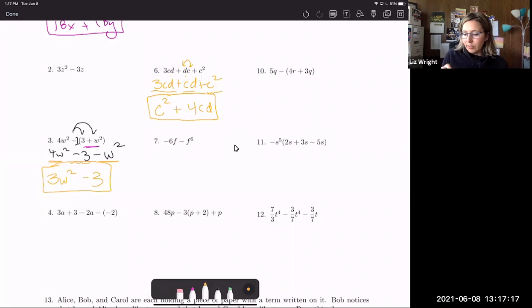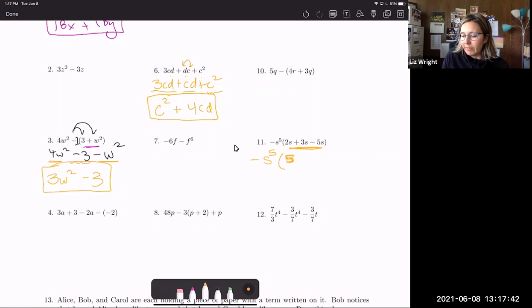Next, I would like to check out number 11. First, I would like you to look at what happens in here. Combine any like terms that you see, and see what you're getting. I'm going to rewrite the -s to the 5th out here. You have 2s and 3s, and that's going to give us 5. Sorry, my 5s and s's look very similar.